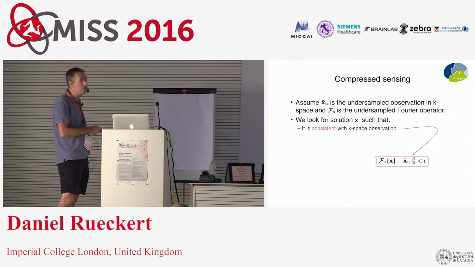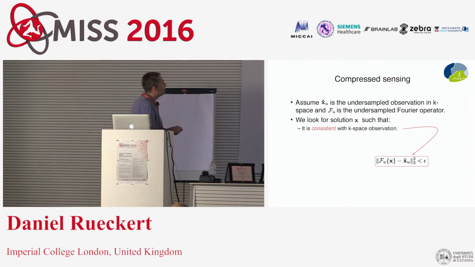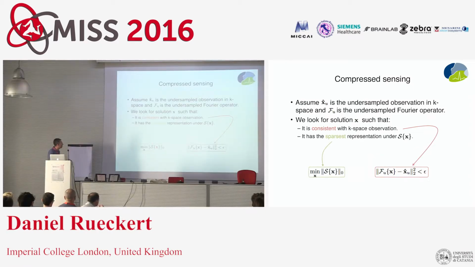So X here is now no longer in image space, but in K-space, in such a way that this full solution X is consistent with whatever I have actually acquired in K-space. That means for those data points which I've acquired in K-space, I want the Fourier version of the data to be similar to this. But at the same time, I want a signal which is as sparse as possible.